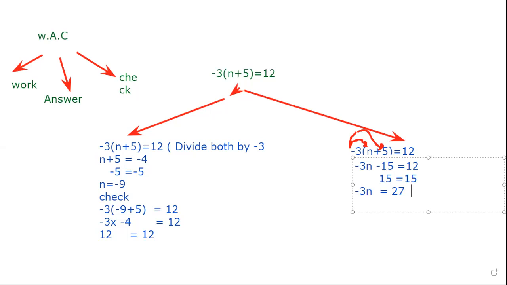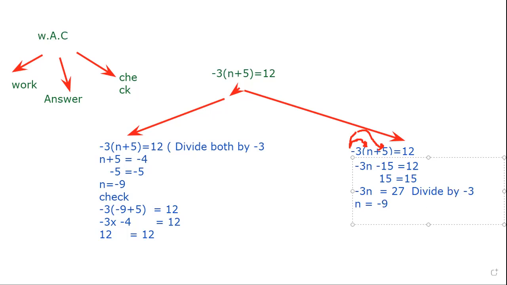So what is the next step? Divide. Divide by how many? Divide 27 by negative 3. Then the answer will be n equal negative 9.